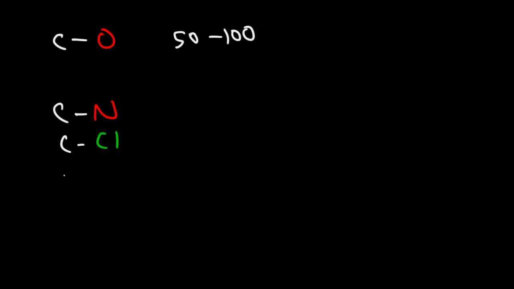Earlier in this video, we said that alcohols, ethers, esters, their CO bonds have a chemical shift between 50 to 100. And then we grouped the amines with halogens such as chlorine and bromine to be close to 50. So we're going to talk about that in this case.